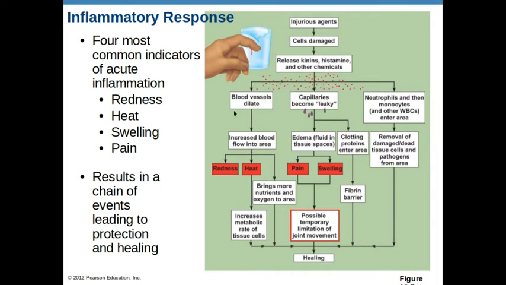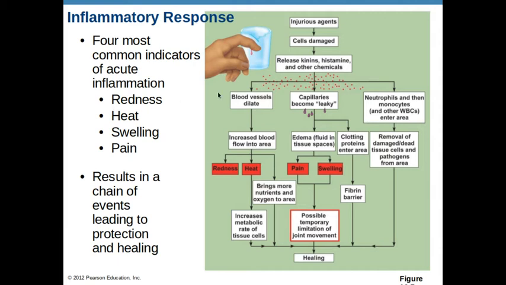One group makes the blood vessels dilate, another makes the capillaries become kind of leaky, separating those cells to let different things pass through. One group of chemicals attracts white blood cells to the area. It's kind of like a siren or an alarm, so to speak.